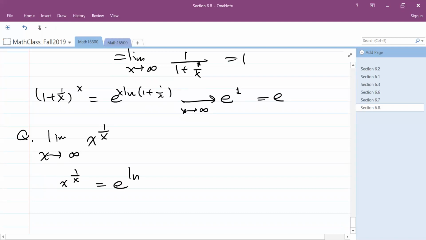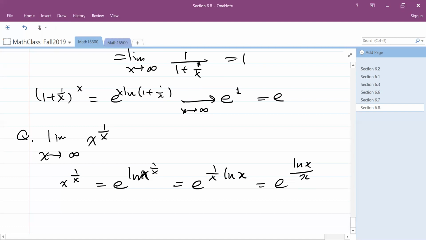e to the natural log of x to the 1 over x, right? So you get this. Now the power of e is just a very nice function, and it's in quotient form.